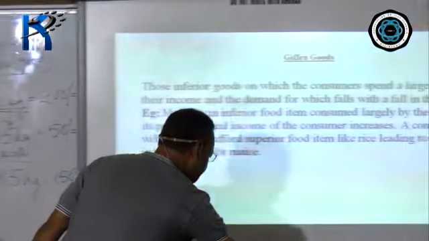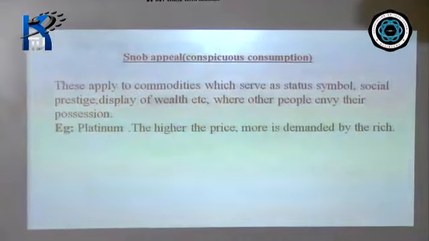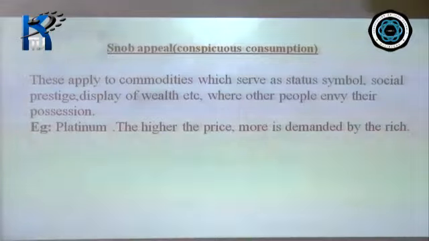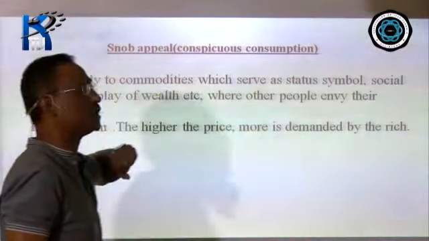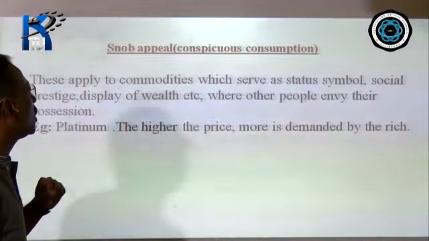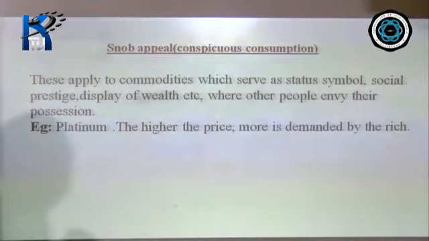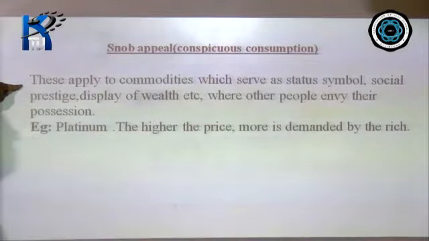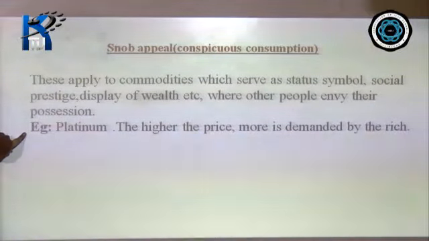The next one, Snob Appeal. Here, generally in exams, they will ask you more of conspicuous consumption rather than Snob Appeal. Conspicuous consumption basically applies to commodities which serve as a status symbol, social prestige, display of wealth, etc., where other people envy their possession. An example I've given you is platinum. The higher the price of platinum, the more will be the demand by the rich.